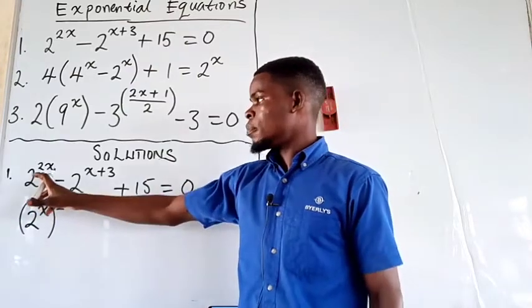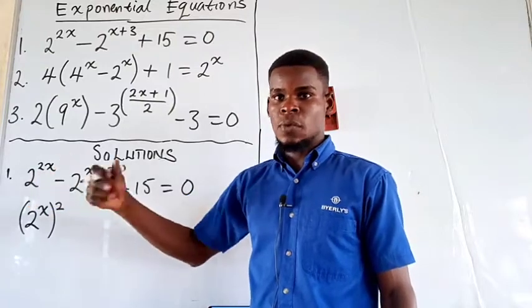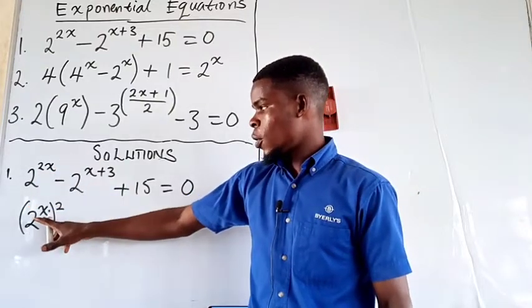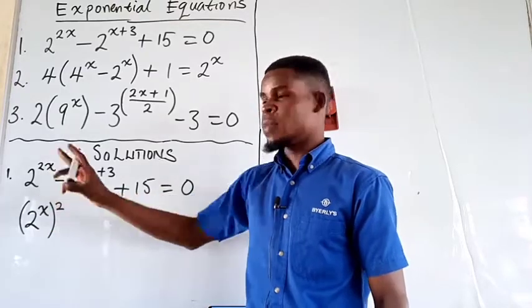By the laws of indices, when we multiply the exponents, 2 times x, we can rewrite it as 2 to the power of x, then everything to power 2, where we just multiply the powers and we get back to this.